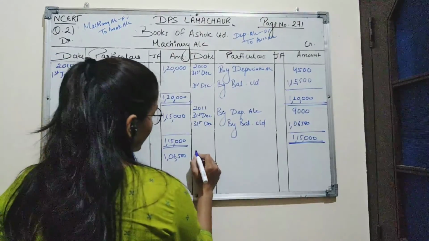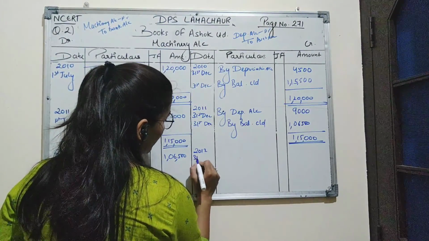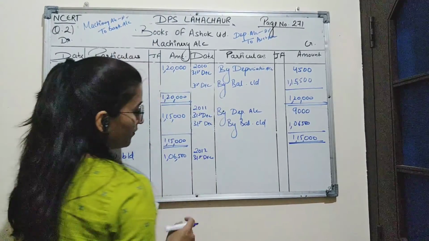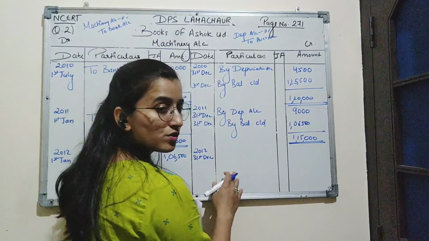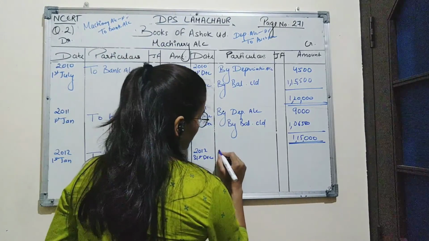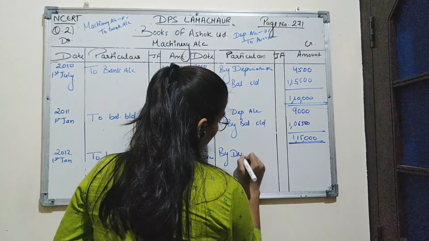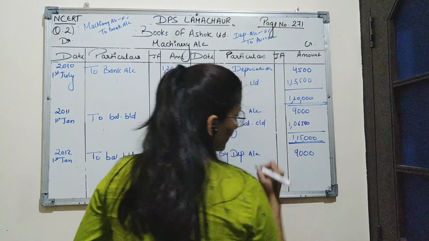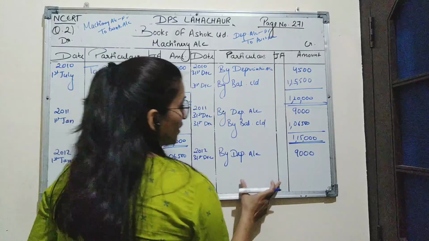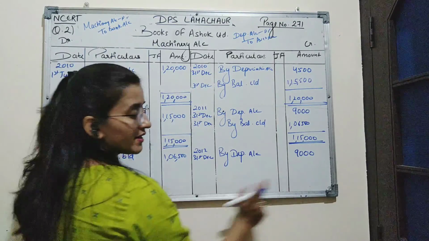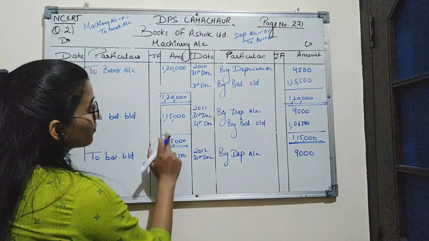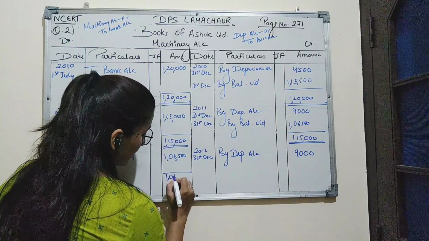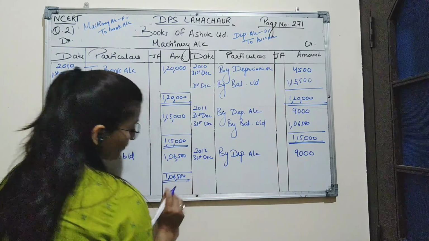So here again in 2012, on 31st December, depreciation will be charged for 1 year, and we know the depreciation amount per annum was 9,000. So we will write by depreciation account 9,000. So here we'll see which side has the greater value. Debit side has a greater value with 1,06,500.